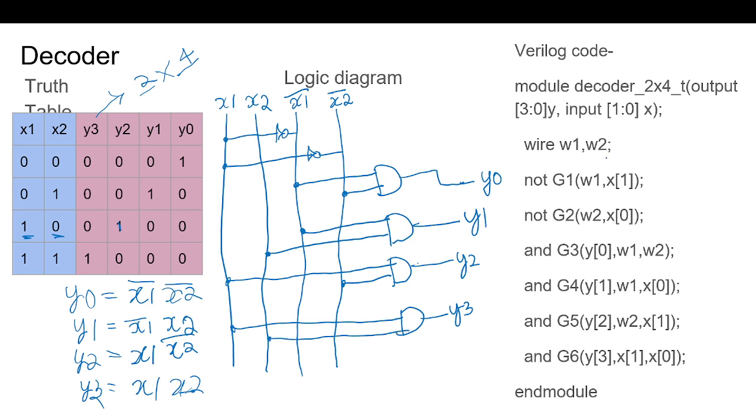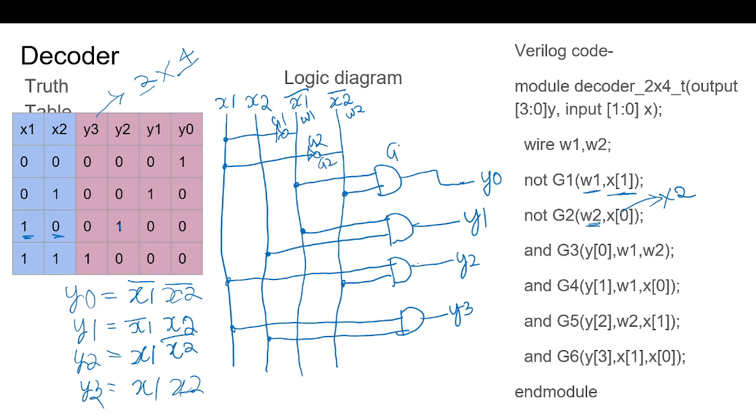In this, I need the inverted version of x1 and x2. I am defining these as w1 and w2, and the gates as g1, g2. I am obtaining the inverted version as w2, and then this is my gate g2.